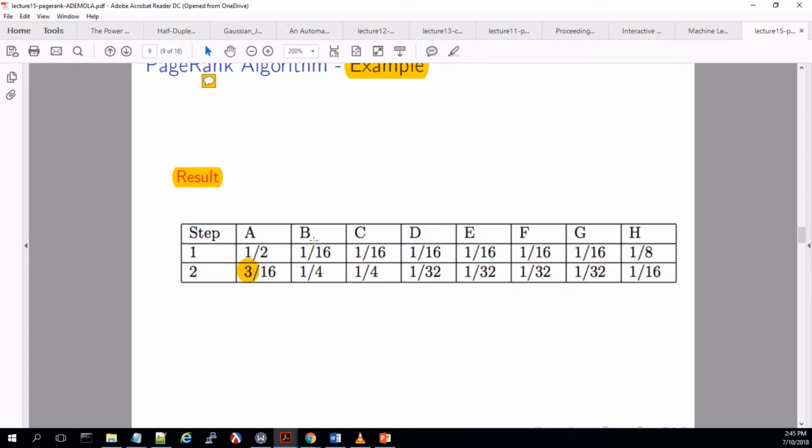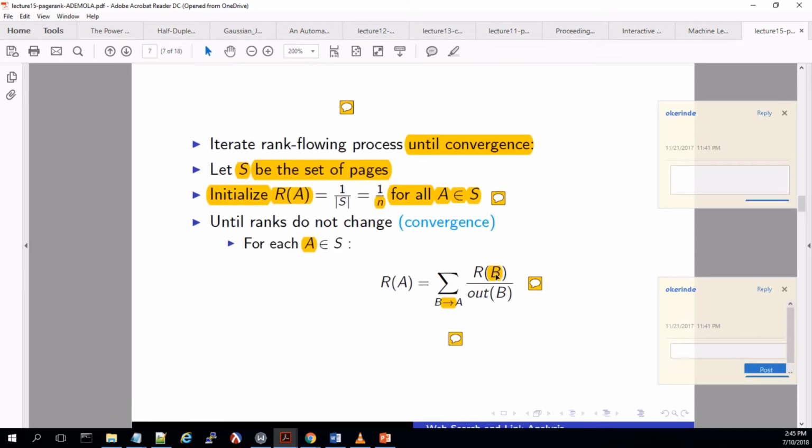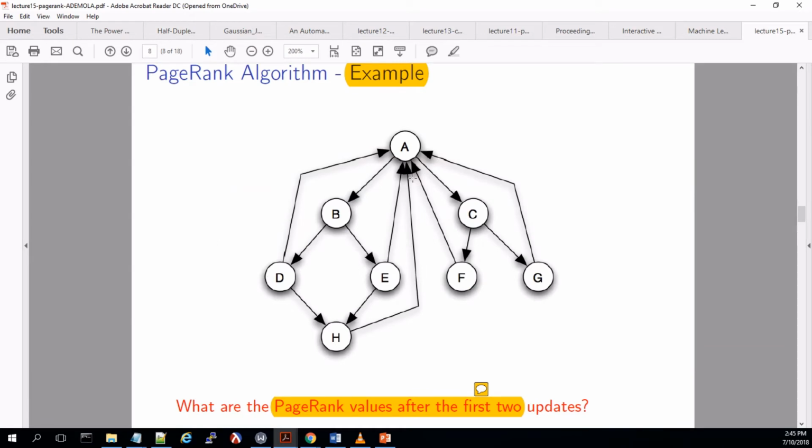So the rank of B will be 1/8 divided by, so you check the out degree. This is a rank of what is pointing over out degree of A. So what is the out degree of A? You will discover that A is pointing to 2 places.